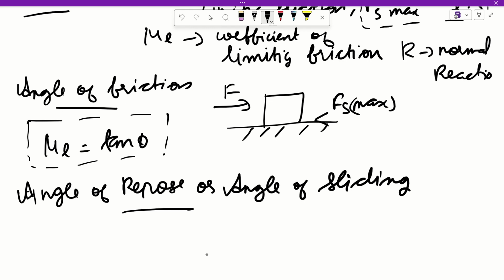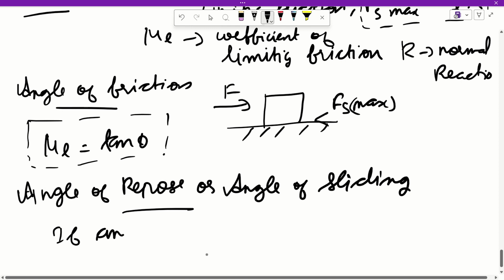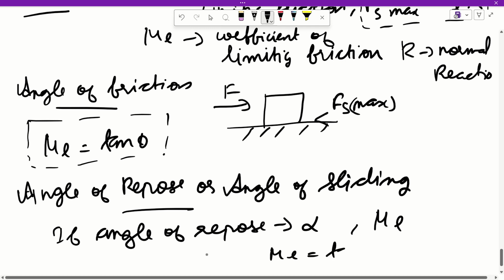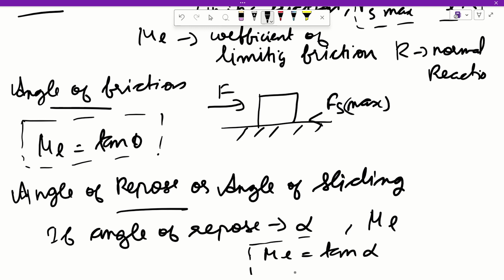If angle of repose is denoted as alpha and the coefficient of limiting friction is mu L, then mu L is equal to tan alpha. This is the relation between these two terms.